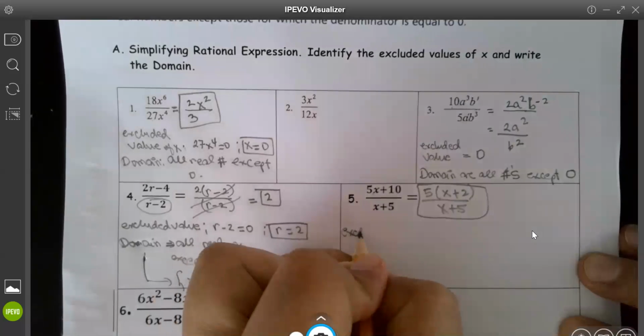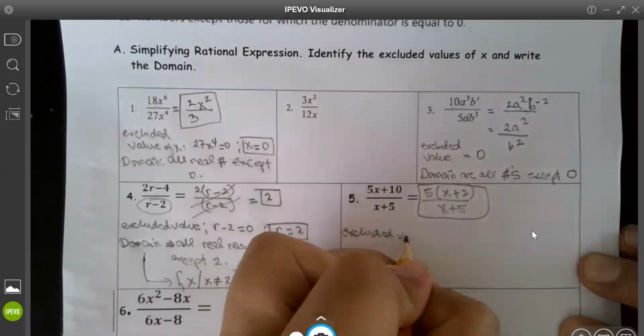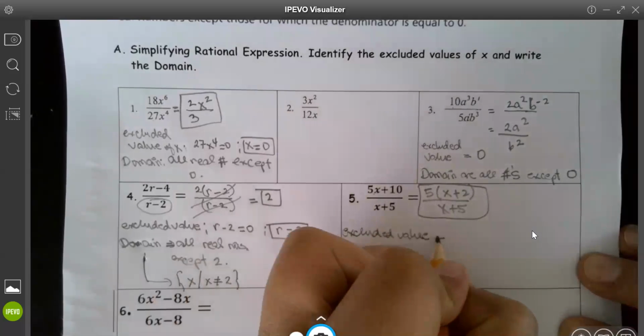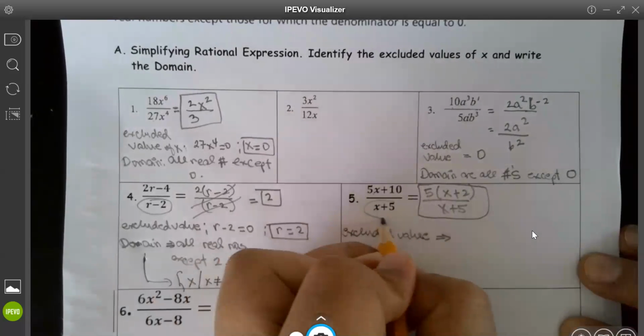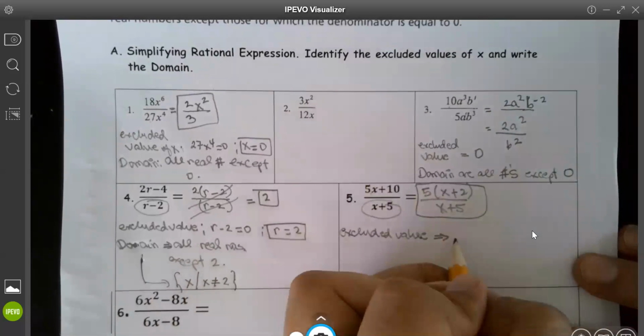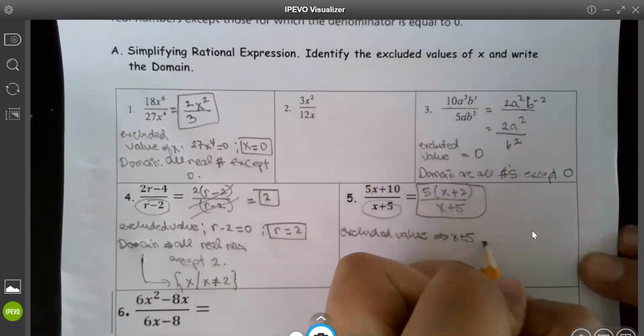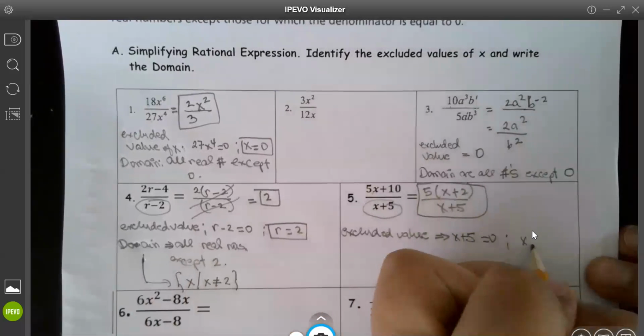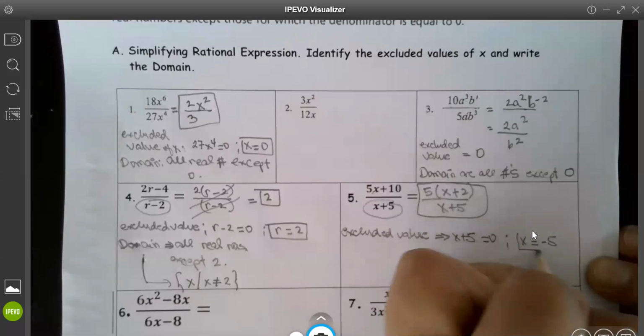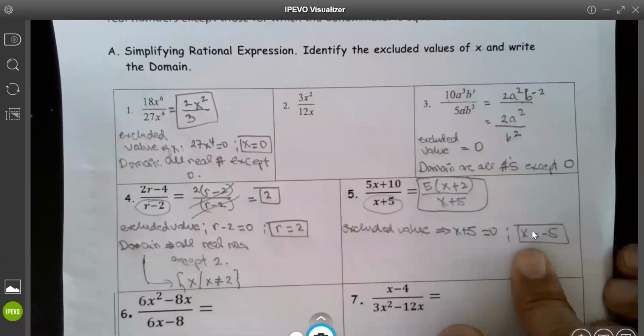Okay, so the excluded value. Set the denominator x plus 5 equal to 0 and solve for x. So x is equal to negative 5. So that's the excluded value.